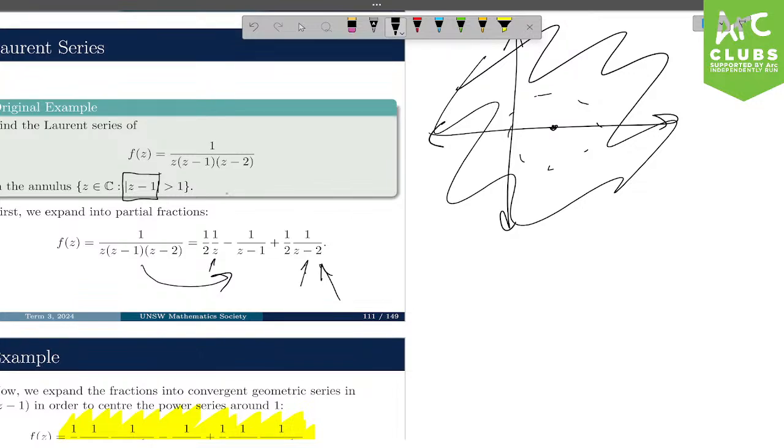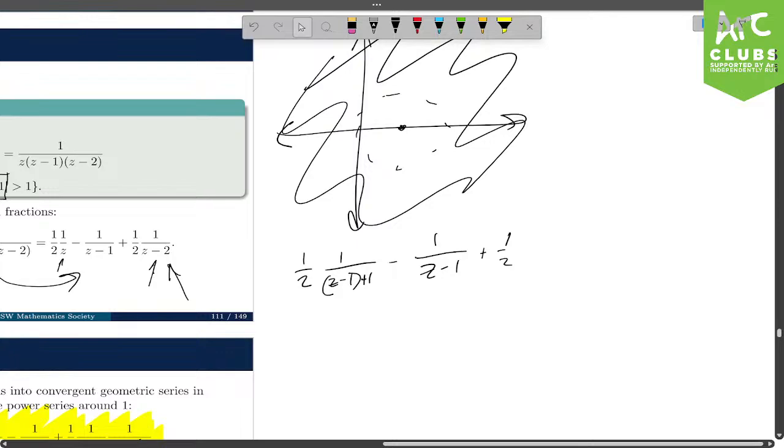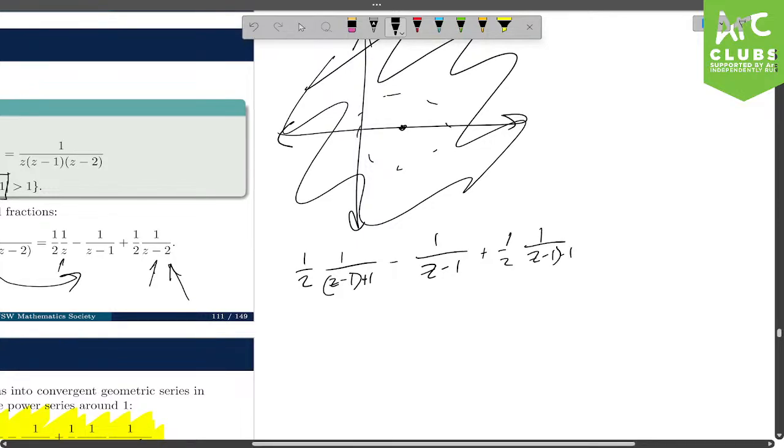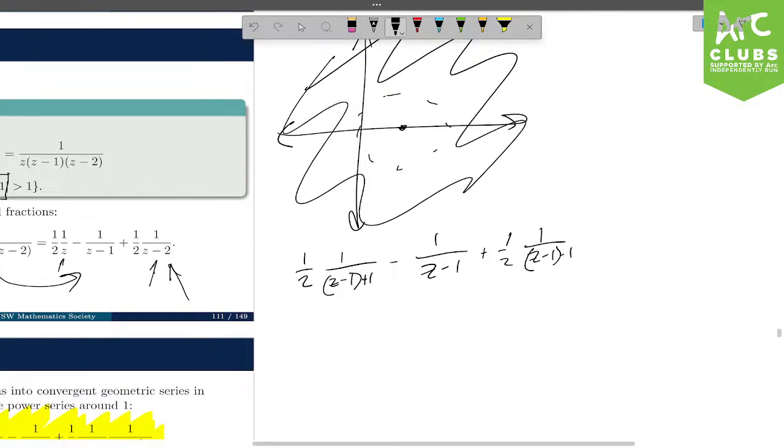We go ahead and we write 1 on 2, 1 on z minus 1 plus 1, minus 1 on z minus 1 plus 1 on 2 multiplied by 1 on z minus 1 minus 1. Okay? The issue here is wondering the magnitude of this. And it's told us the magnitude is greater than 1.